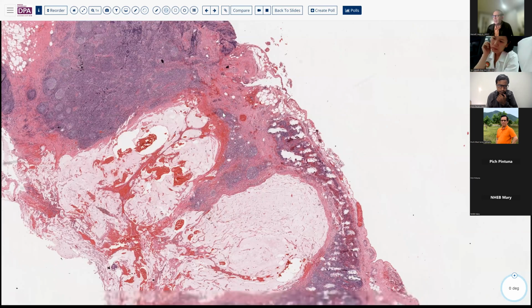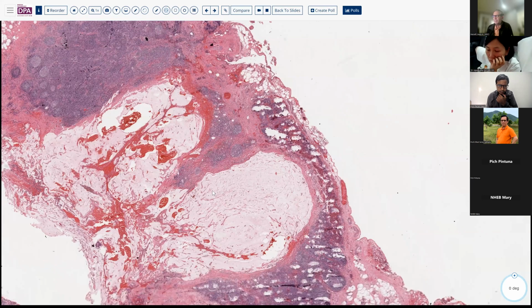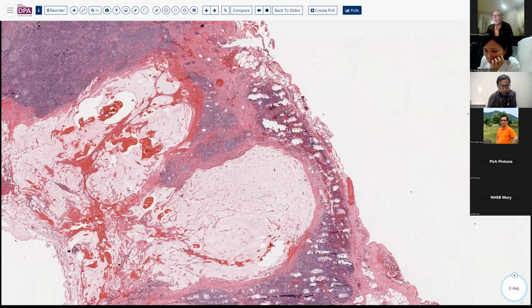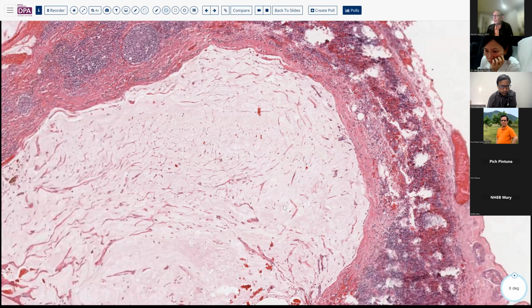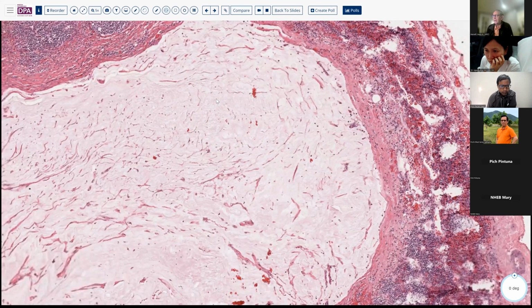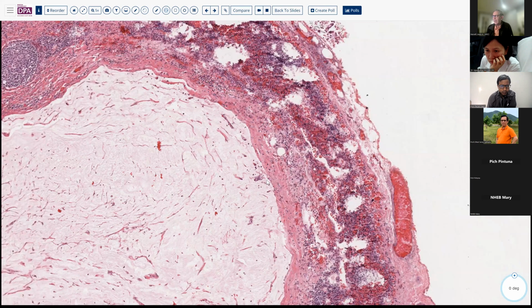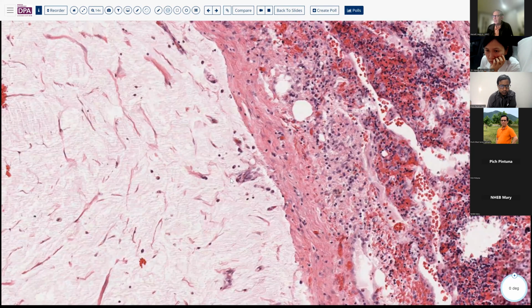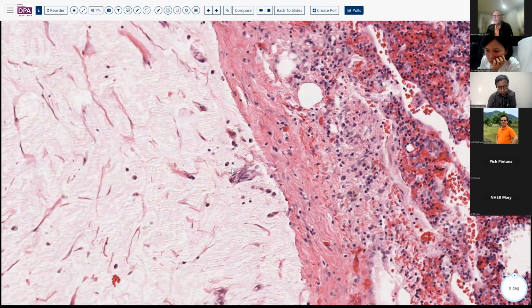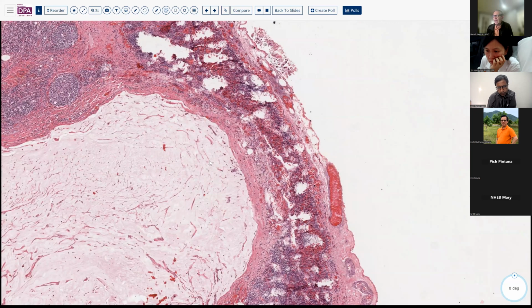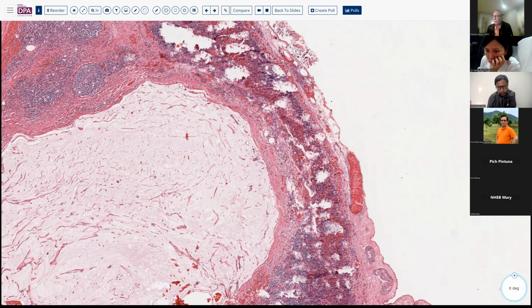Now, another question is maybe even a little bit more academic. If you just had acellular mucin, and let's say an area like this in your lymph node, and you could not identify tumor cells, if these were non-epithelial cells, as these appear to be in this node, would that be classified as a positive lymph node?